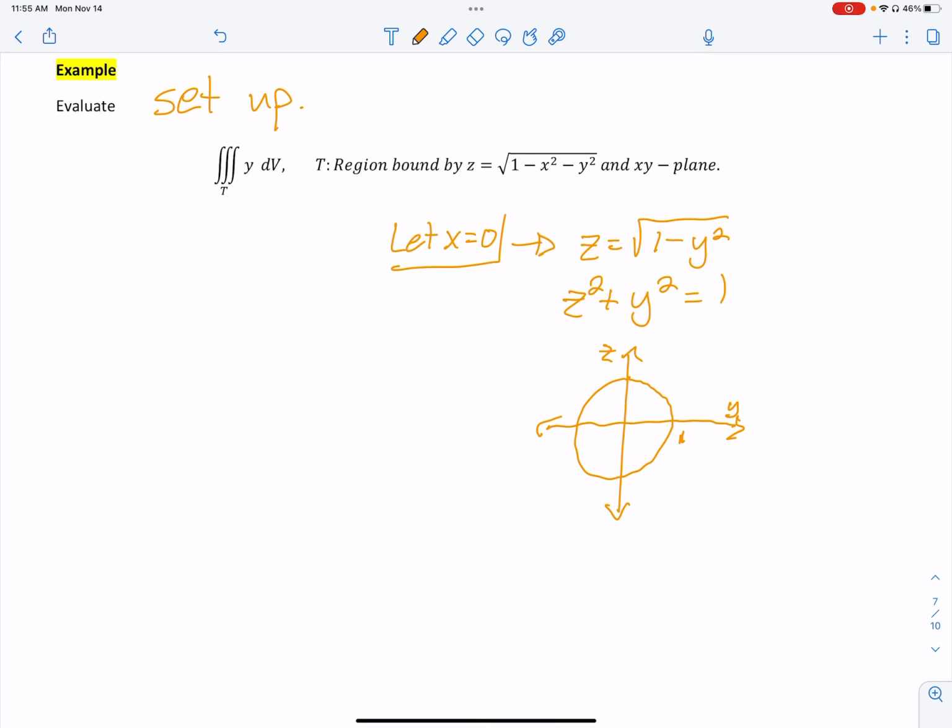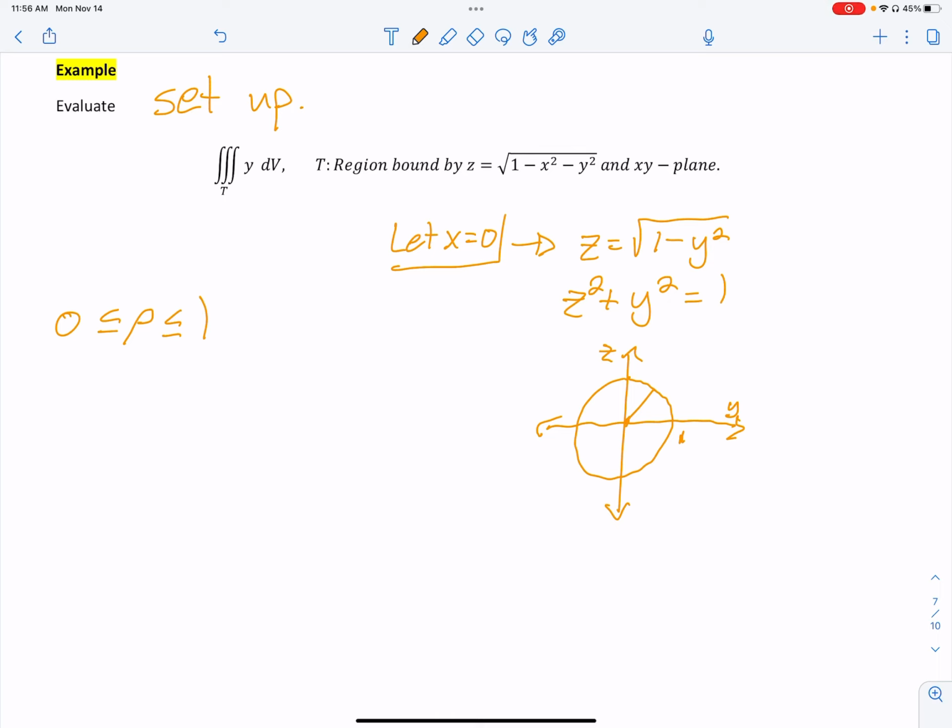Now I'm going to use this to grab my rho. Remember, rho runs from here to here, and that tells me that rho is between 0 and 1. Remember, I can pick up phi this way as well.